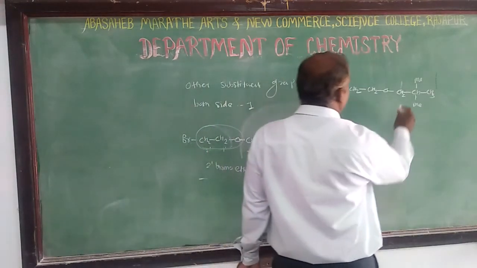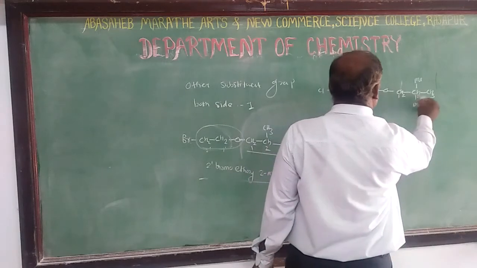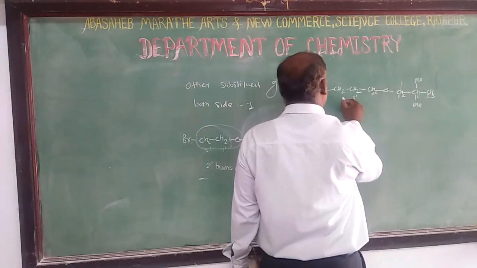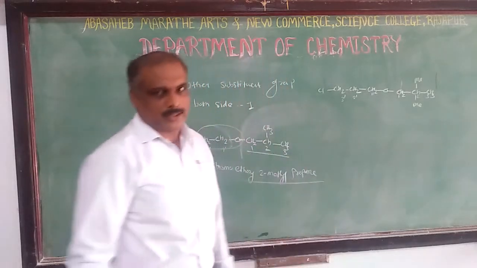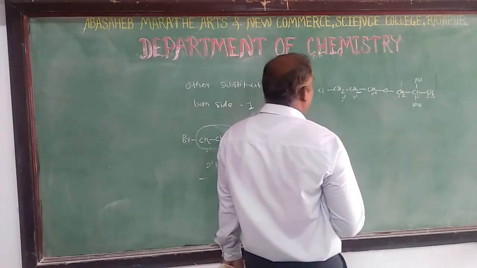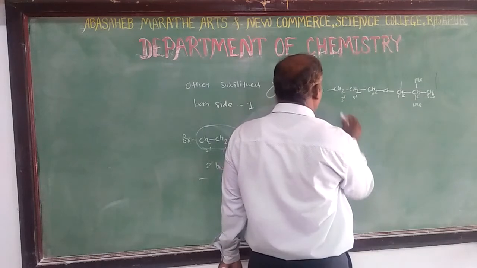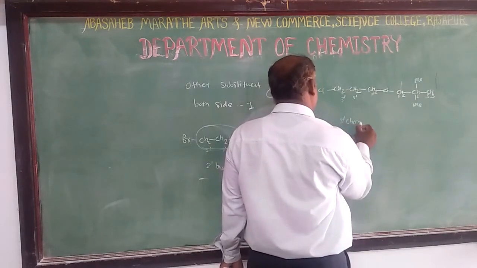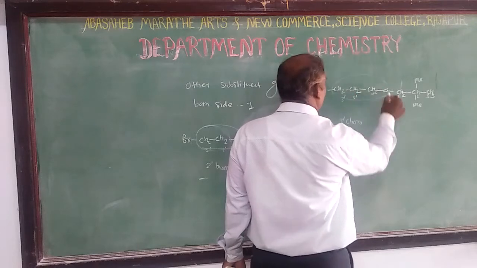The numbering starts like this: 1, 2, 3, also 1', 2' and 3'. So the name is given as, firstly, 3-chloro.